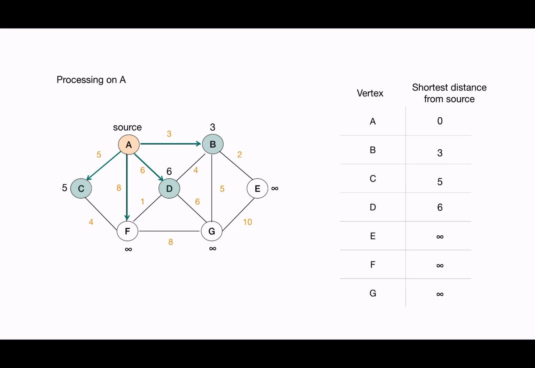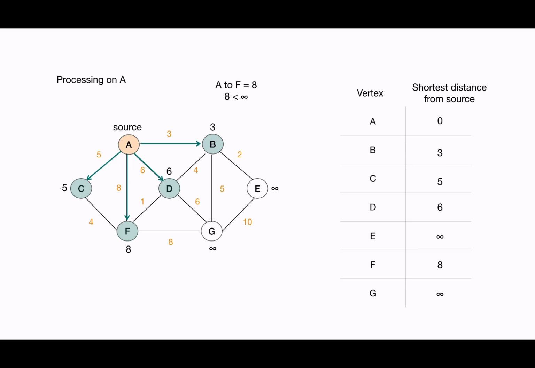And then for F, it is 8, it's less than infinity, we update it in the table. So now we are done with A because we have traversed all the adjacent nodes.